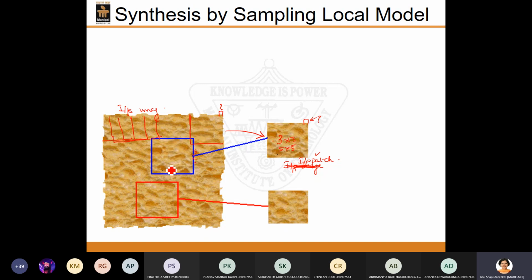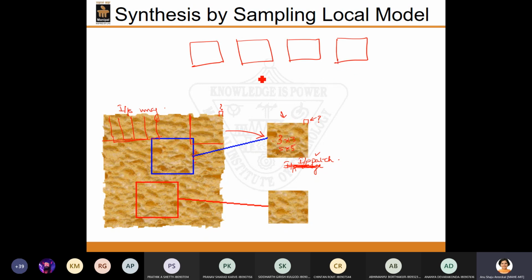Now, once I do that for all the patches which are present in the image, I select a few of the most similar patches, or the best matching patches. So let's say for this particular patch, now I have identified 4 different patches. Okay, just taking a random number, let's say I have identified 4 different patches from this image which is very similar to this particular input patch, right?